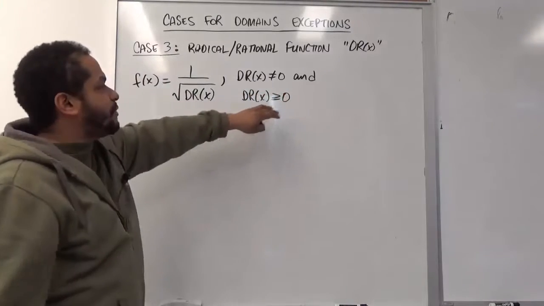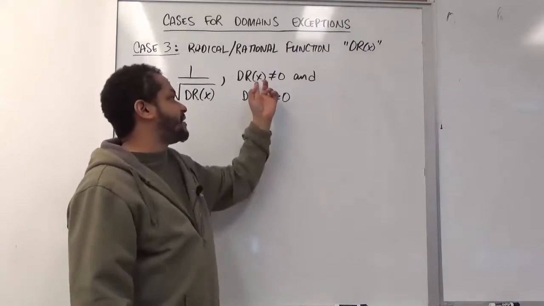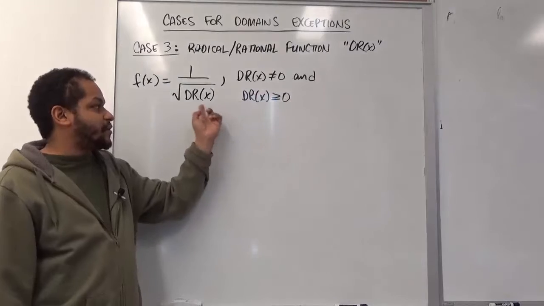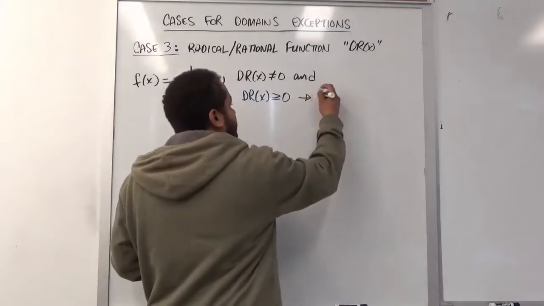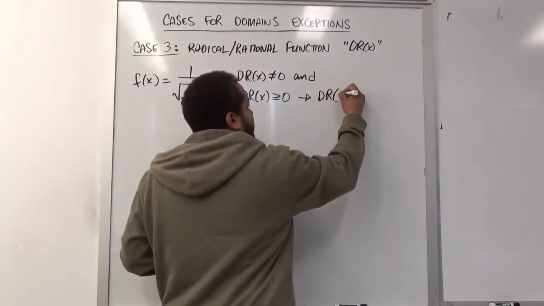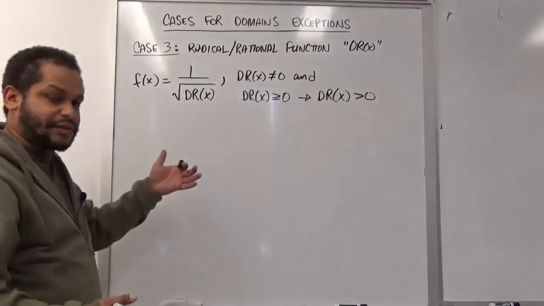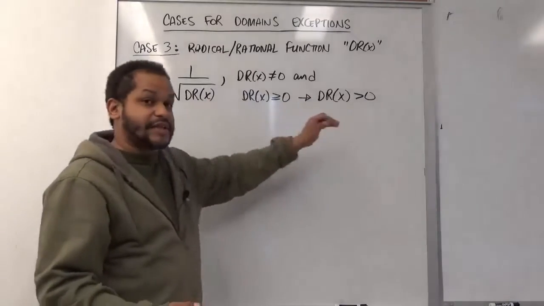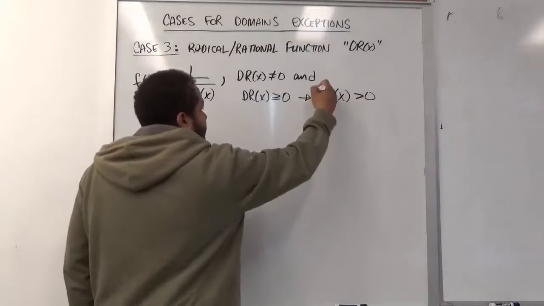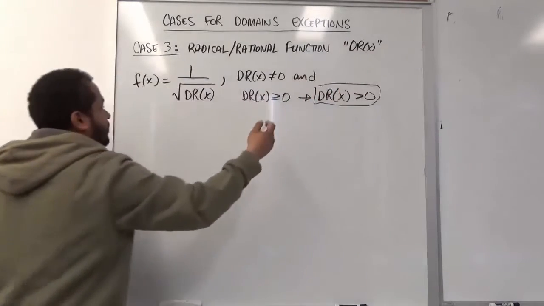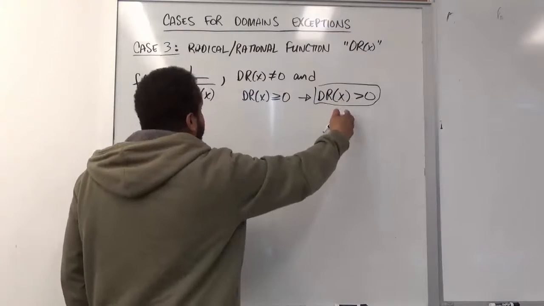And now if you're dealing with both of these cases and they both have to work with each other, and we know that this cannot be equal to 0, and this also must be greater or equal to 0, our result for these two combined is that the denominator must be simply greater than 0. If it can't be 0, but it has to be greater or equal to 0, then it just has to be greater than 0. So this is our exception case here for all values that will be part of the domain. And we'll exclude everything that's counter to this argument.